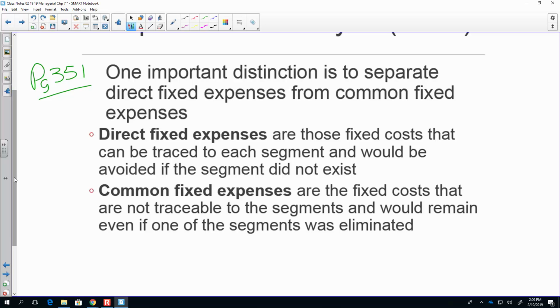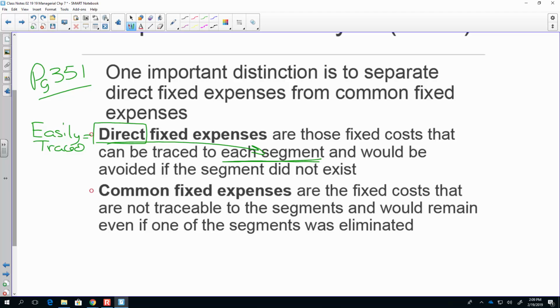Now, talking about a segment of our company, right? This could be a division, this could be a product. Each product line has direct fixed expenses. Again, the word direct means easily traced to the cost object, which in this case is the segment itself or product line.